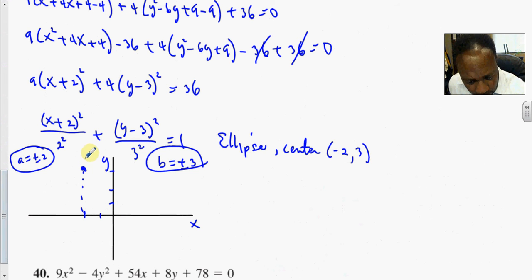Then we're going to go up 3. 1, 2, 3. Puts us about there. And then for X, we're going to go to the left and to the right 2 units. So coming over 2 units puts us here, and going over 2 units puts us about there. And then we're going to draw an ellipse based on that shape there.